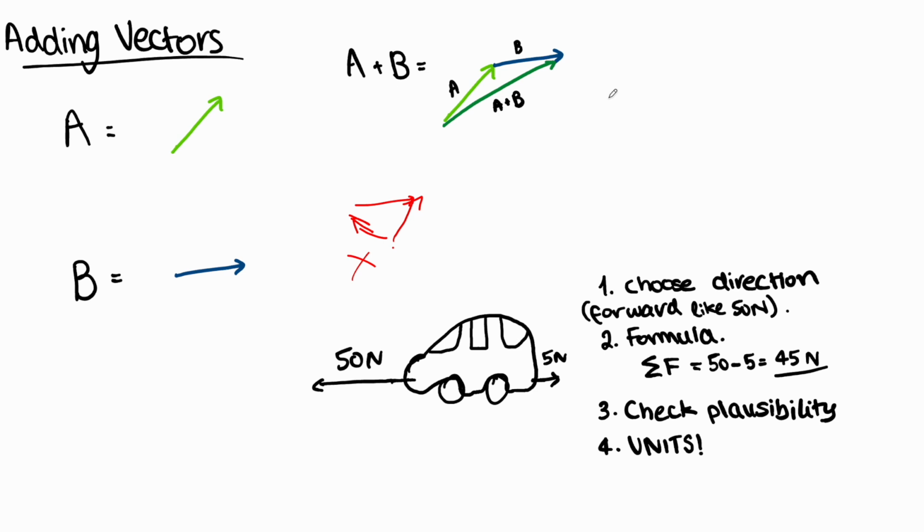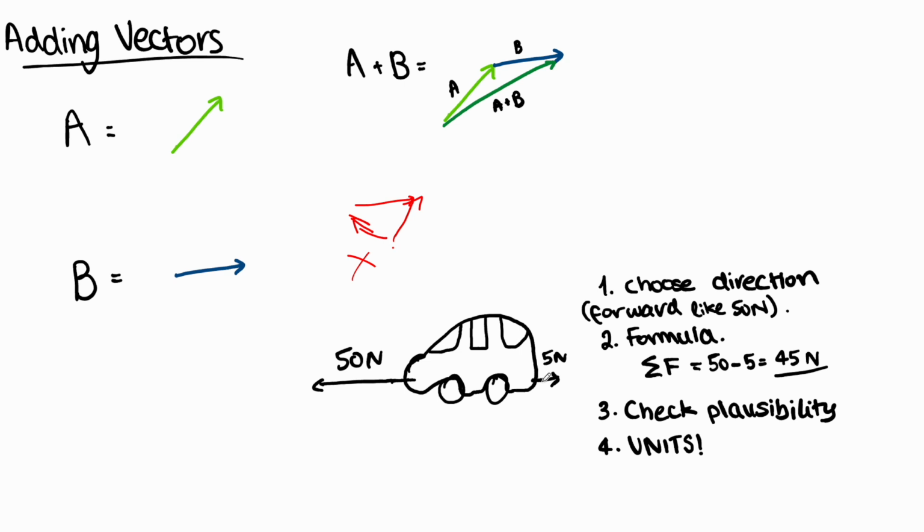Then we have a little car that I've drawn here, and this is an example of a question you might be able to do in an exam where you have to add vectors. So we have thrust, probably from the engine, of 50 newtons going forward, and we have a frictional force of 5 newtons going back.